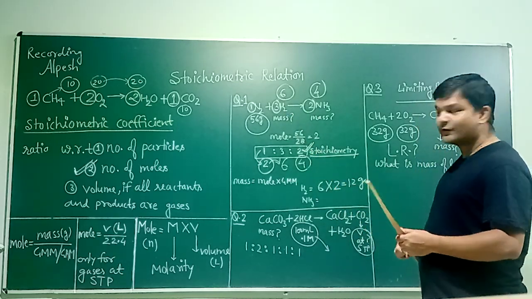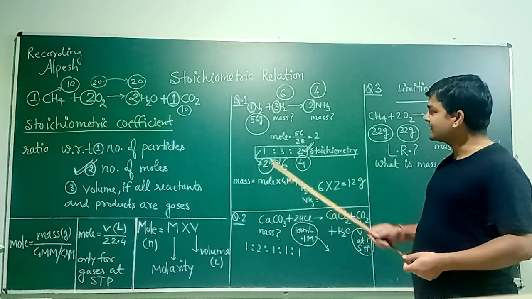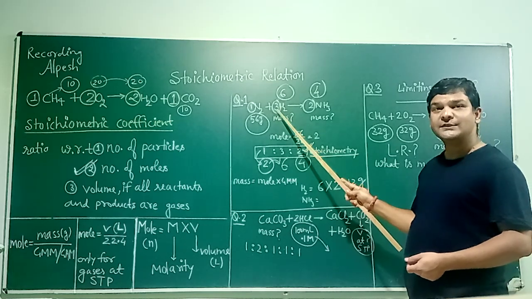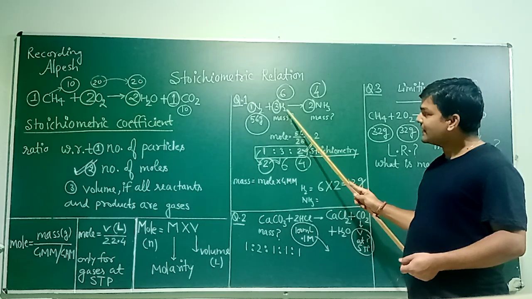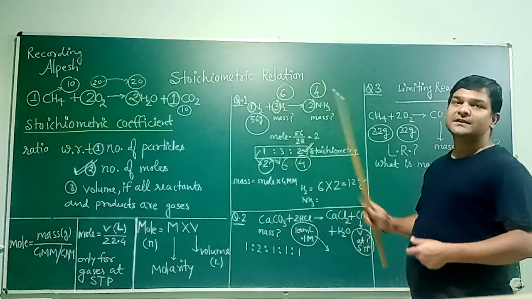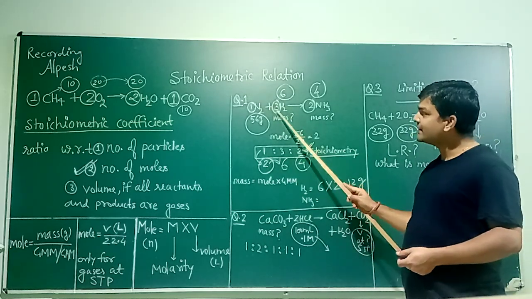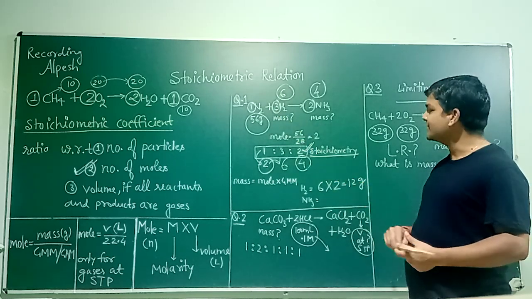One more point I want to clear here. When you are calculating gram molecular mass, the stoichiometric coefficient will not affect it. Atomic mass of hydrogen is 1. There are 2 hydrogen atoms in this molecule. So 1 plus 1, the gram molecular mass of hydrogen is 2, and it does not depend on the stoichiometric coefficient.